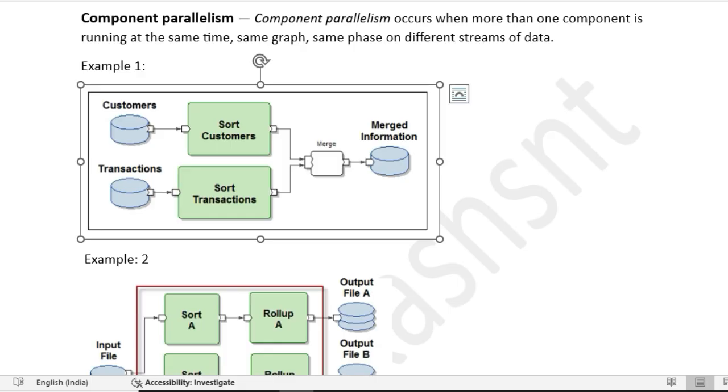This sort component will process simultaneously, because it takes all the data from the input. Once all the data has come to sort, it is arranged according to whatever key you have given. So it is processing both flows simultaneously, and we call this component parallelism.